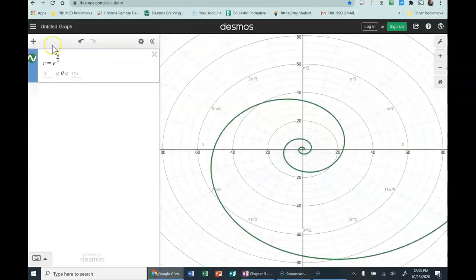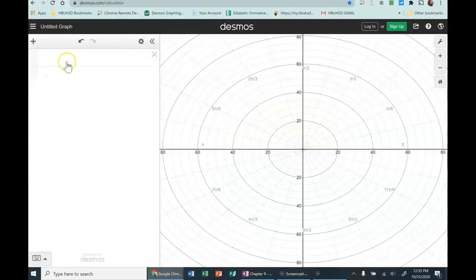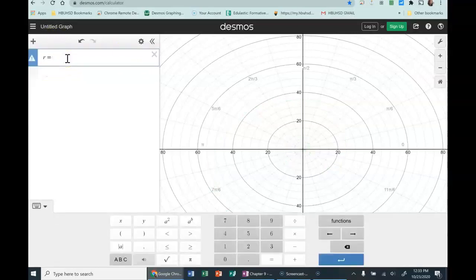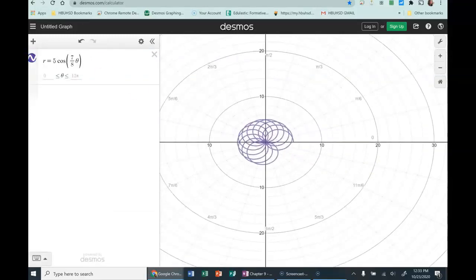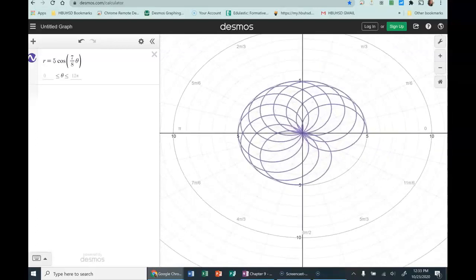I love this one because it's kind of easy to mess around with. Okay, so r equals, let's say 5 cosine of 7 divided by 8, we said, and then theta. Ooh. Look at that. That's super cool. Okay. And you can keep on going, right?